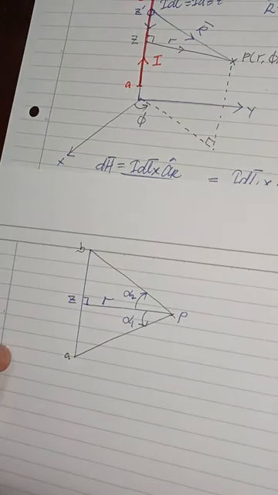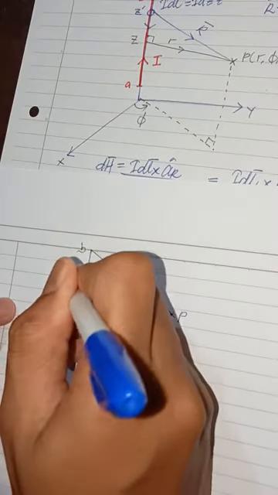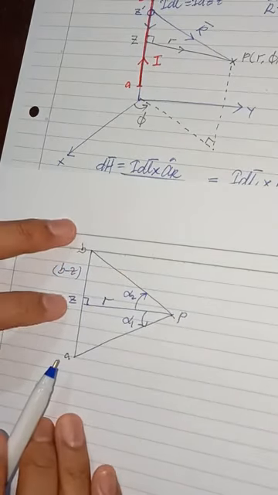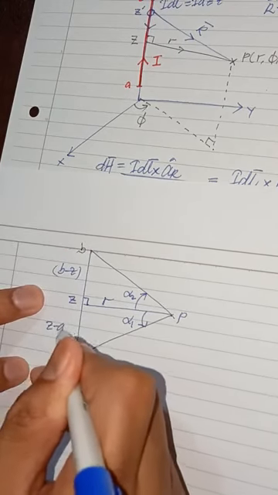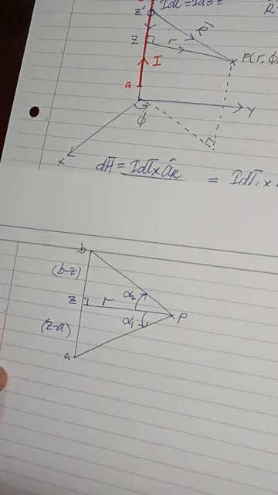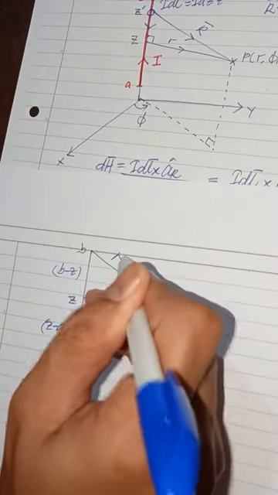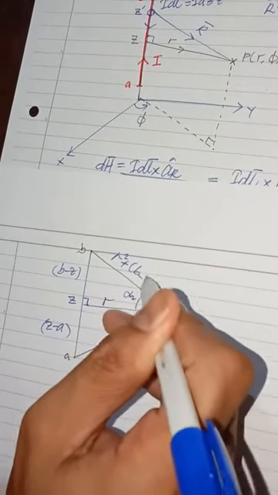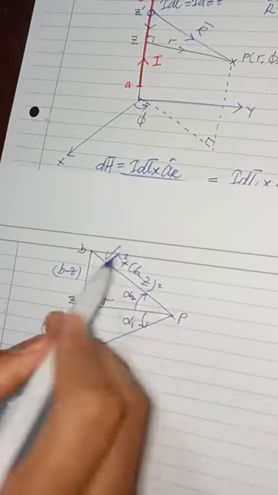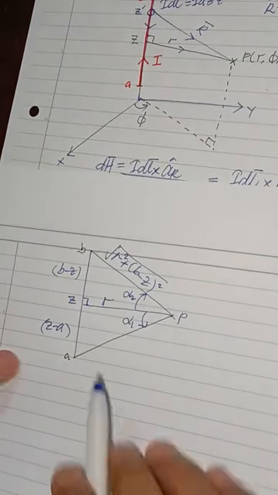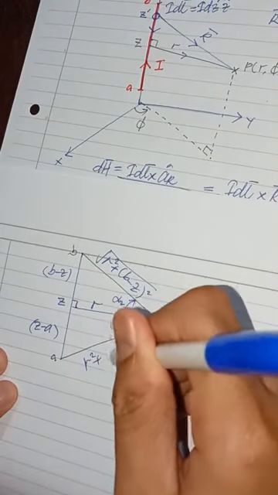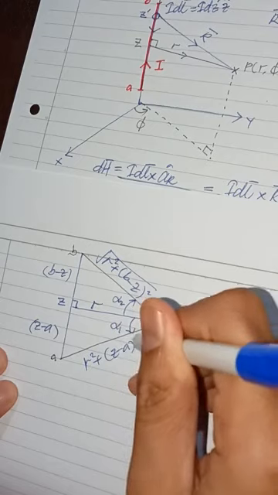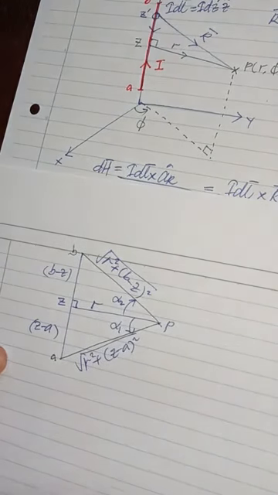We know that this distance is B minus z, the difference between these two points, and also the difference between these two points is z minus A. And also we can find this length using the Pythagoras theorem, square root of r squared plus B minus z squared. And also this length, using the Pythagoras theorem as well, is square root of r squared plus z minus A squared.